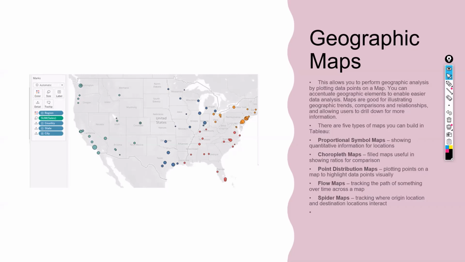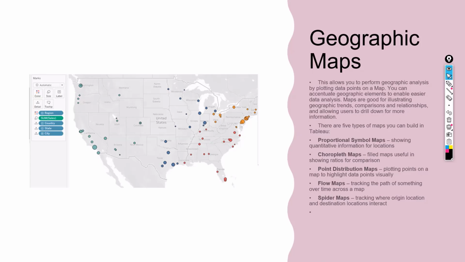And they're easy to create because Tableau comes pre-packaged with thousands of geographic coordinates all over the world. This makes it so simple. You can just double click on a dimension that Tableau recognizes as geographic, and it will create a map in the view.